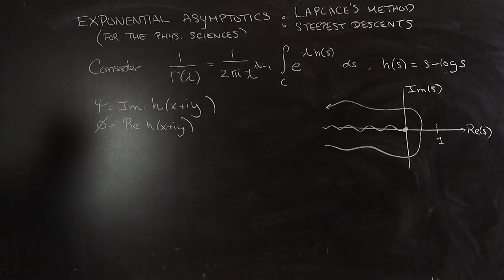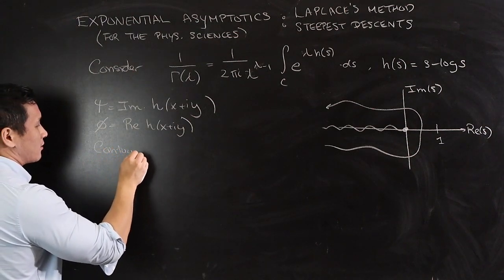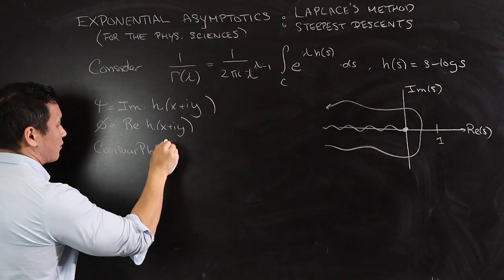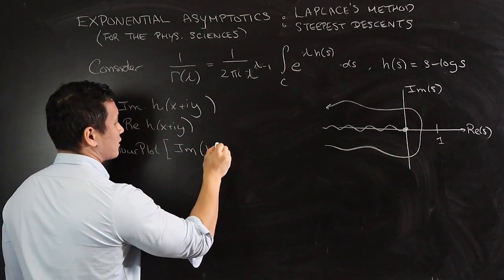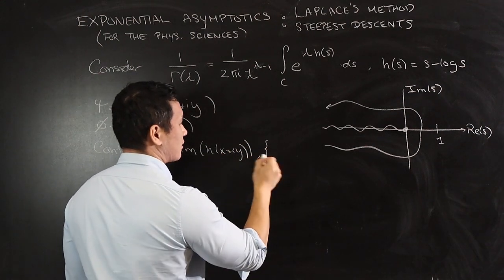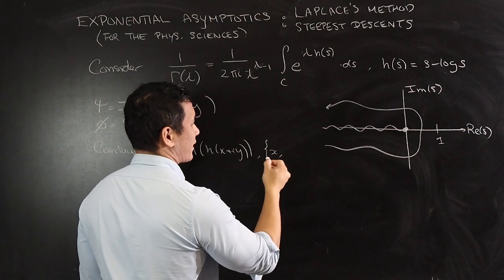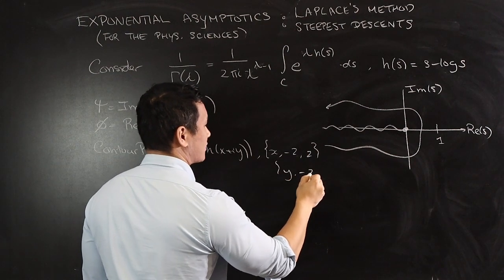And in Mathematica, it's as simple as doing something like ContourPlot. And then you can essentially just take the imaginary part of this function that you define, and then you just give it little arguments here, that your x should run from, say, -2 to 2, and then your y runs from -2 to 2, say.